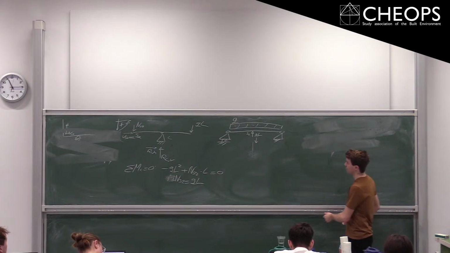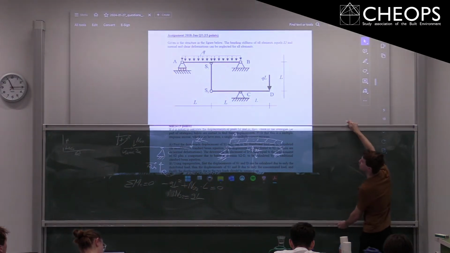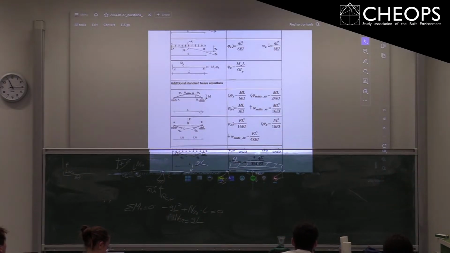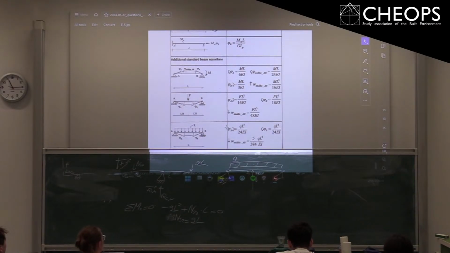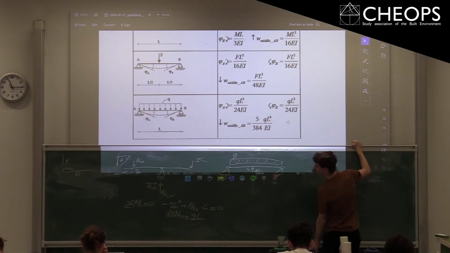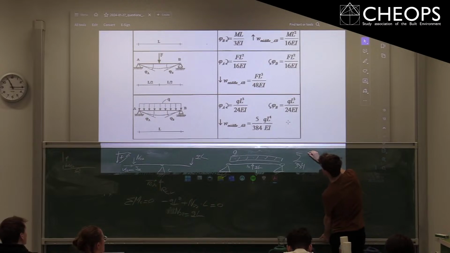And if you have your graph with you, and this is a shame, so I'm going to draw them over here. Let's see. Over here, the bottom two. A bit higher. The Q load is simply that 5/384 QL squared.